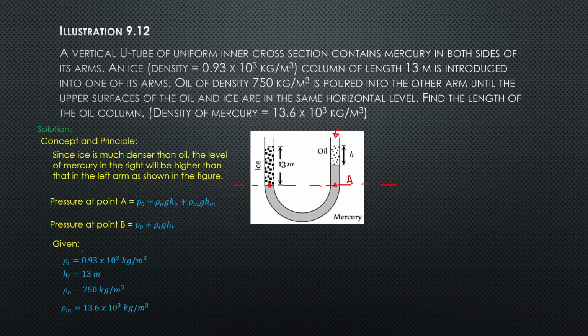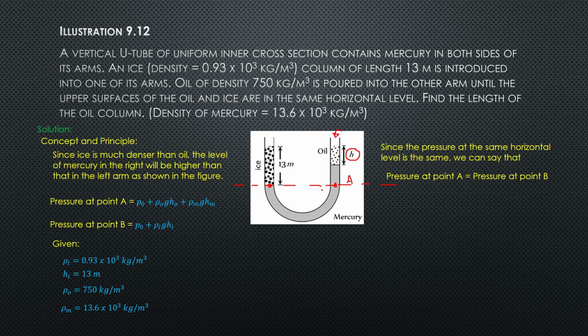The given density of ice is 930 kilograms per cubic meter, height of the ice is 13 meters, density of oil is 750 kilograms per cubic meter, and density of mercury is 13,600 kilograms per cubic meter. We are determining the length of the oil column, which is h here, the height of the oil.